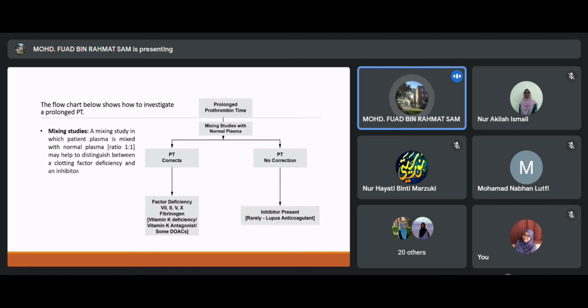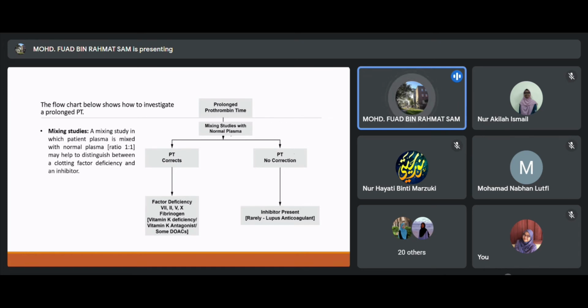Okay, so if the prolonged time is corrected, the study indicates a factor deficiency. Kalau the lack of correction indicates the presence of an inhibitor in the patient plasma. So the common inhibitors are heparin, lupus anticoagulant, or an antibody to one of the coagulation factors.